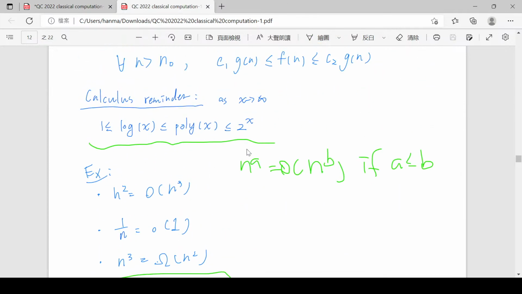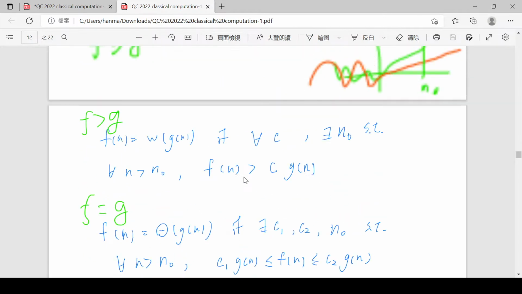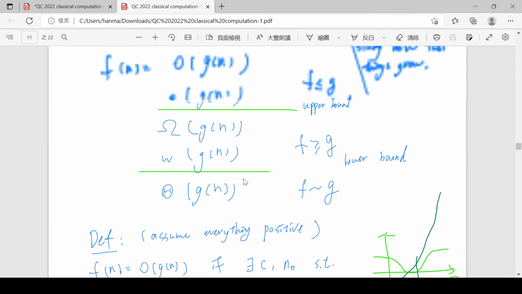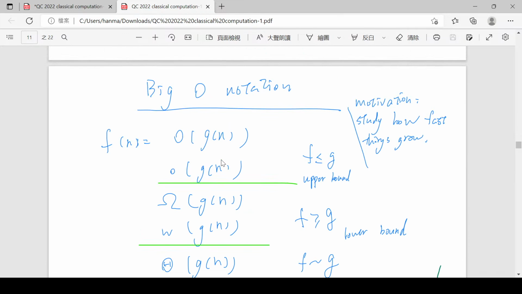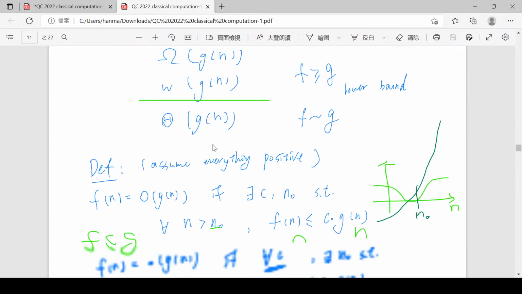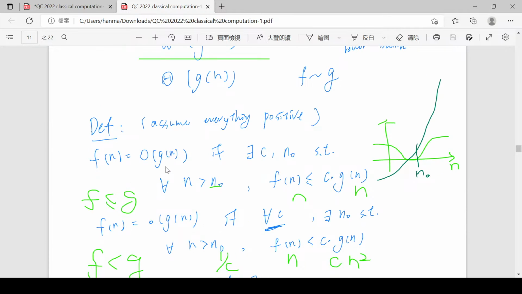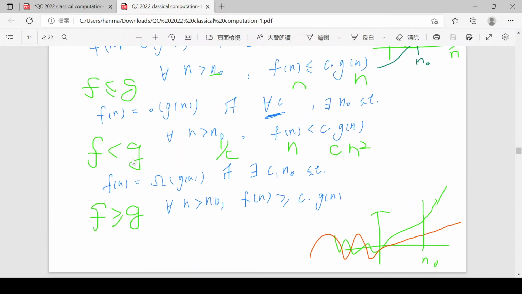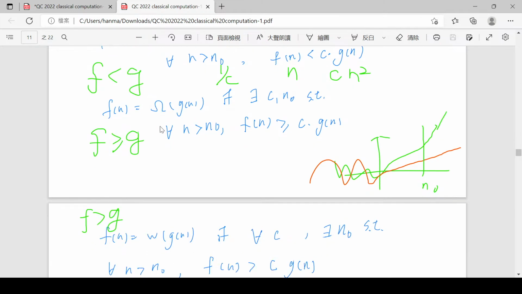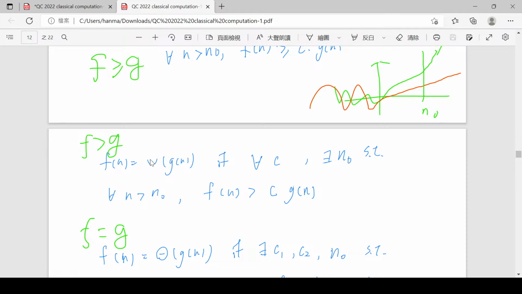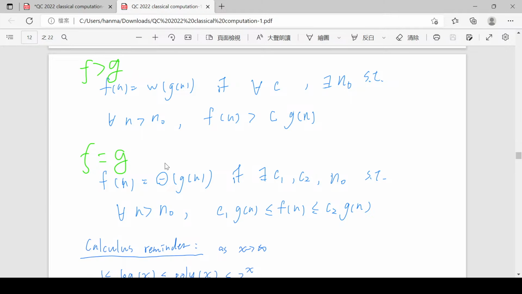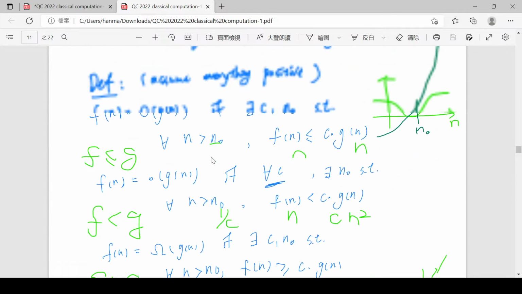Last time, the most important thing about this chapter is you need to remember these big O notations. There are 5 of them. Basically, big O means smaller or equal to, small o means smaller, big omega means greater or equal to, small omega means greater, and big theta means equal to, roughly.